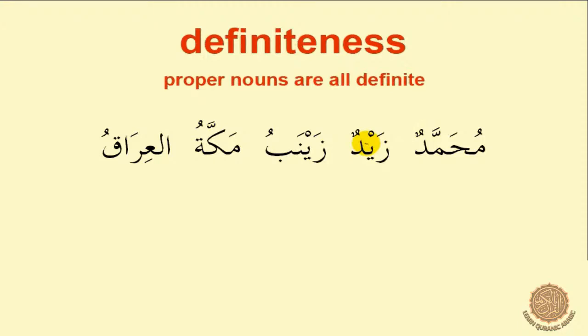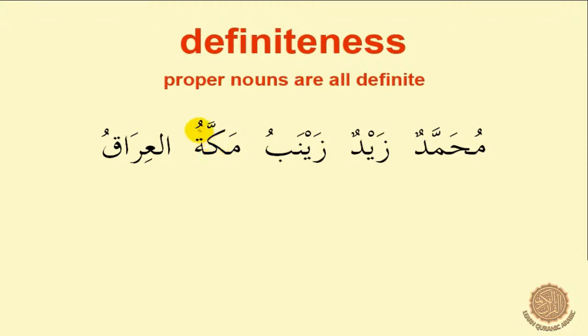That's a rule there. Then we have the name Zainabu. Notice here, there's only one dhamma. There's no tanween. Now the question is, why doesn't it have tanween? That's because feminine names actually don't take a tanween. They only have one dhamma. And similarly with the name Mecca, the holy city of Mecca, it's actually a feminine name.